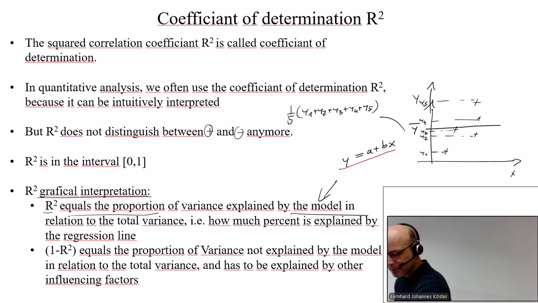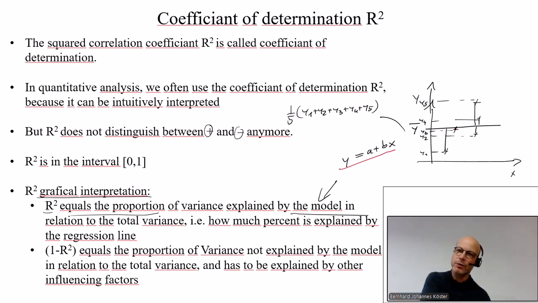Here, these are all our distances, and this we can, of course, then square, and then we obtain the variance of our data set with respect to y bar.